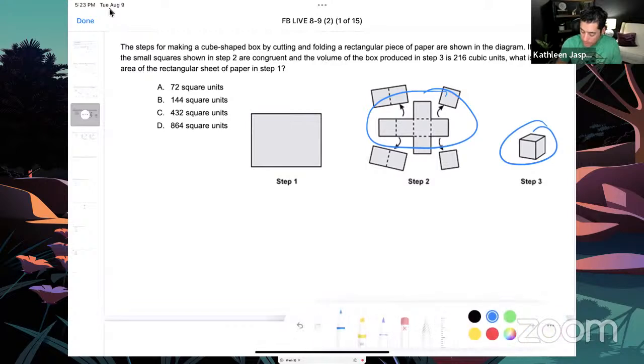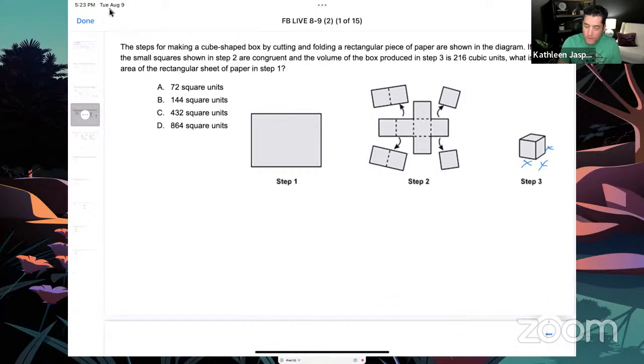So there are all different properties involved with cubes. One being all sides are the same, right? Because it's a square. In order for us to figure out any of these dimensions, it tells us it's 216 cubic units. So how do we find volume, right?